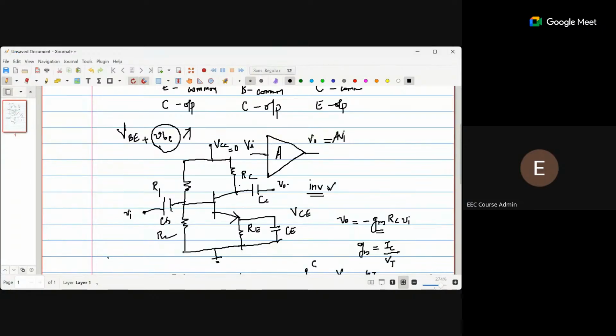This VCE, IC is the operating point. By properly choosing the values of R1, R2, RC, RE, we can fix this operating point such that the transistor is in the forward active region, which makes sure that we are able to make it function as an amplifier.